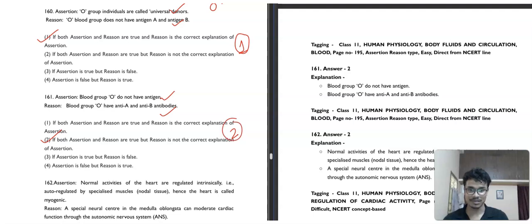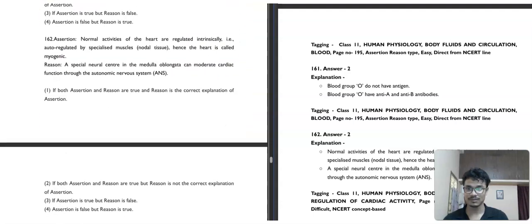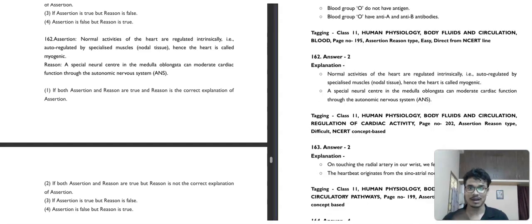Then question number 162. It is saying that normal activities of the heart are regulated intrinsically, auto-regulated by specialized muscle, nodal tissue, hence are called myogenic. It is correct. Then a special neural center in the medulla oblongata can moderate cardiac function through the autonomic nervous system, which is absolutely correct.